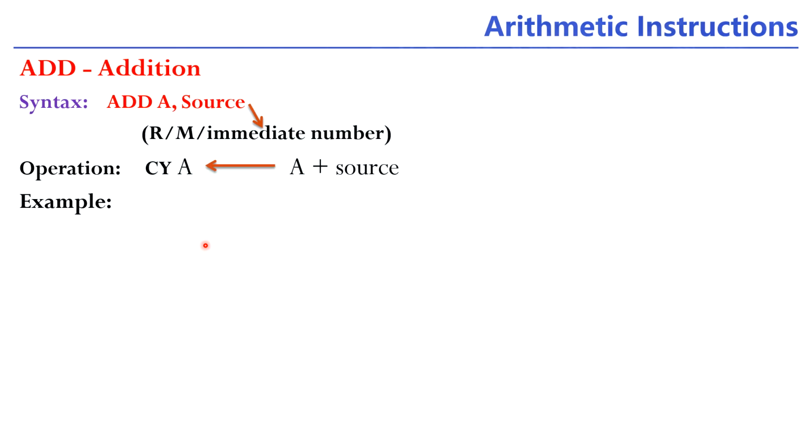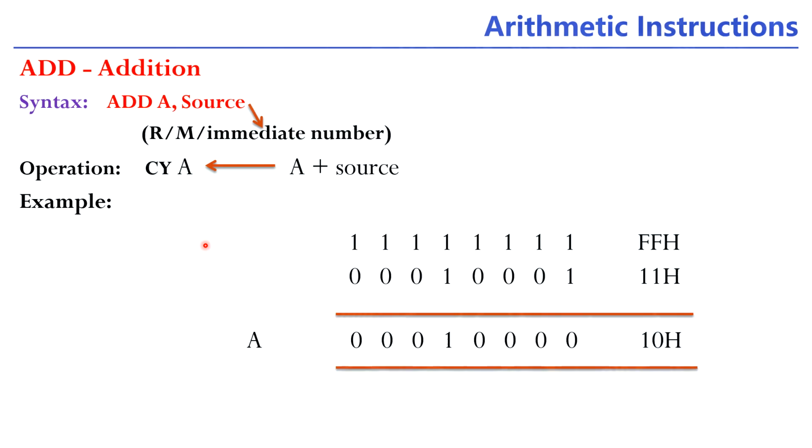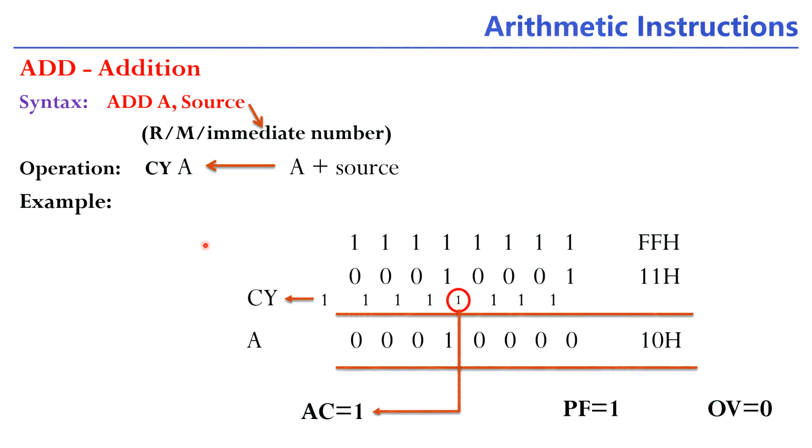Now we can take a small example. You see here, now we can take a small number. This number is FF. This is a hexadecimal number.